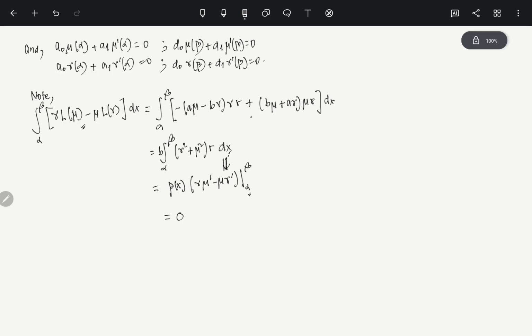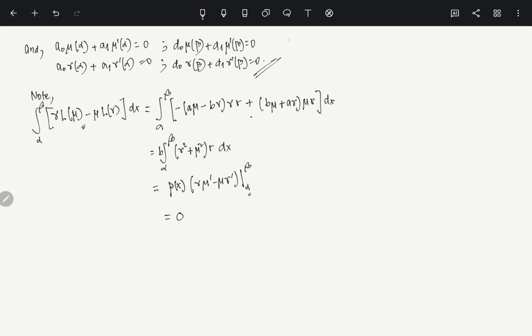Once that is true, now if you calculate gamma mu prime minus mu gamma prime from alpha to beta, you can check the boundary data. Why is this true?